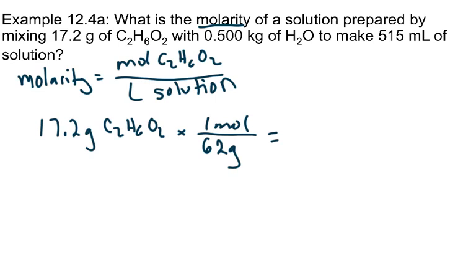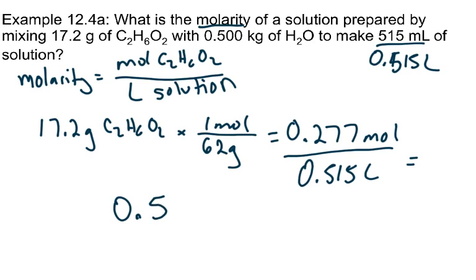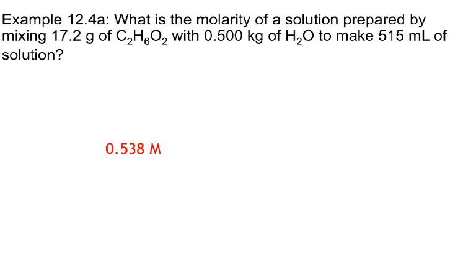So I have 0.277 moles. Then my total solution is 515 milliliters, which is 0.515 liters. So if I take my 0.277 moles divided by 0.515 liters, I find that my molarity is 0.539 molar. 0.538, that's close enough.